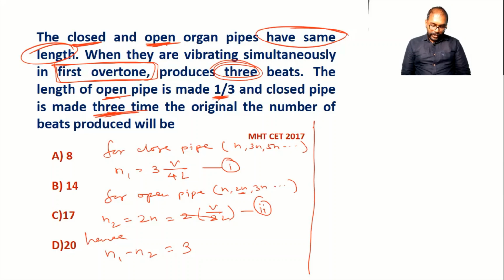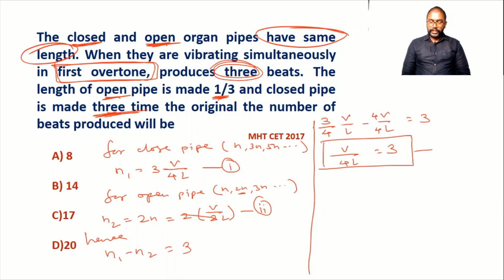Now n1 is 3V by 4L minus V by L is equal to 3. Now this we have to simplify. So 3V by 4L minus V by L. After solving this, we can multiply here by 4 and here by 4. So 3V minus 4V, or we can do 4V minus 3V. It is V divided by 4L is equal to 3. So we get this.